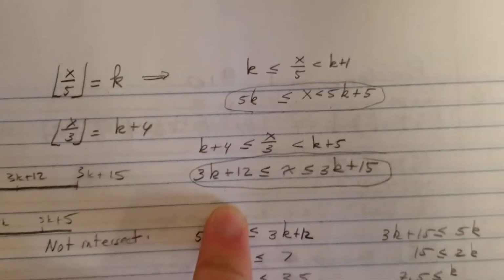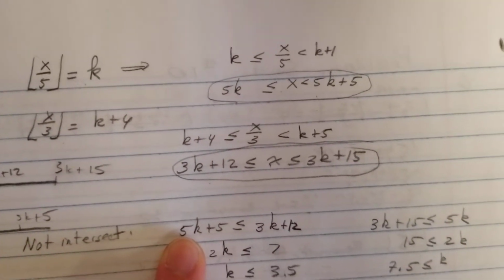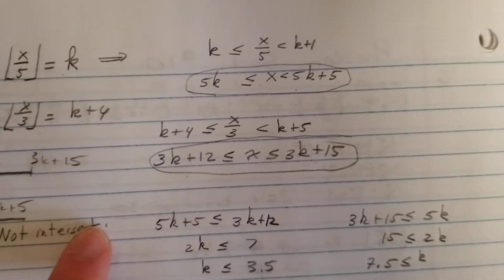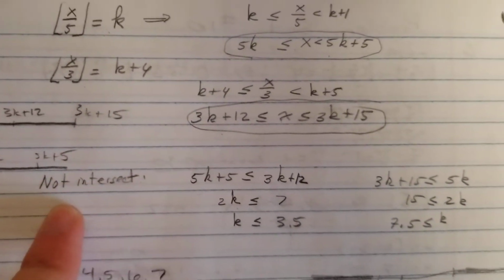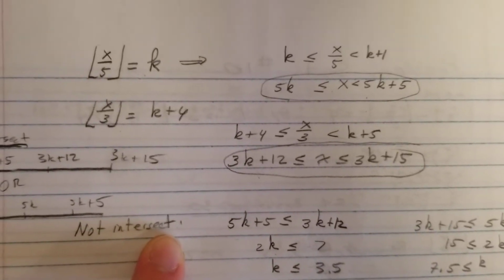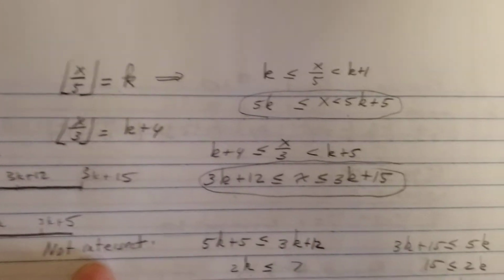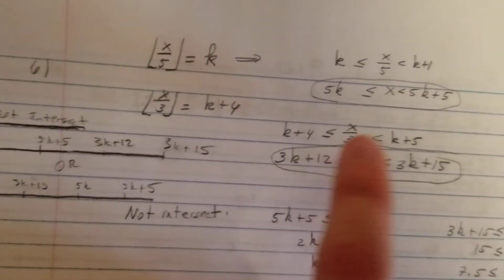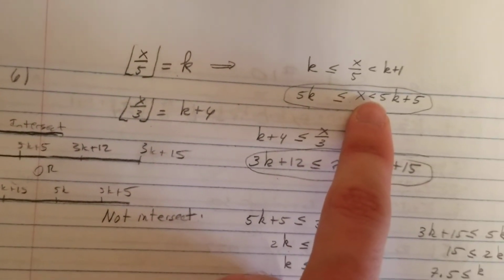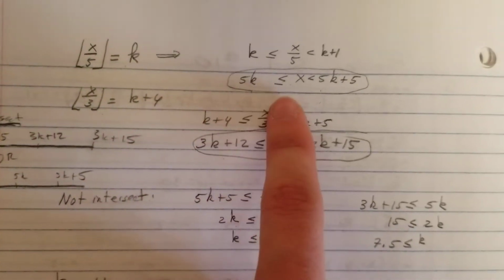Cool. Now, these are intervals for x, right, that you're trying to find. The scenario in which they would not intersect, because they're trying to find where they do intersect, would be when this interval is not inside this interval, or vice versa.